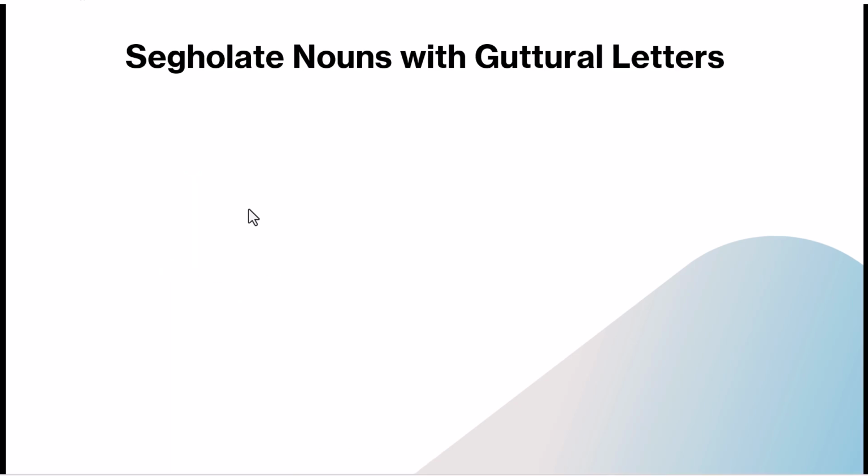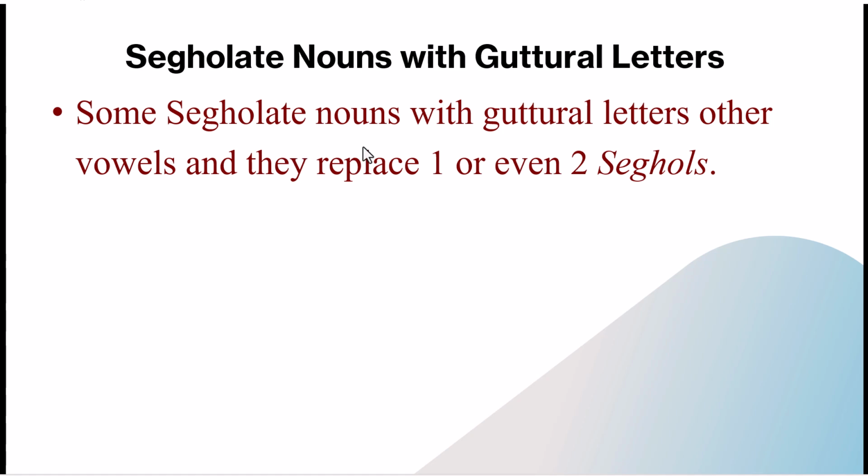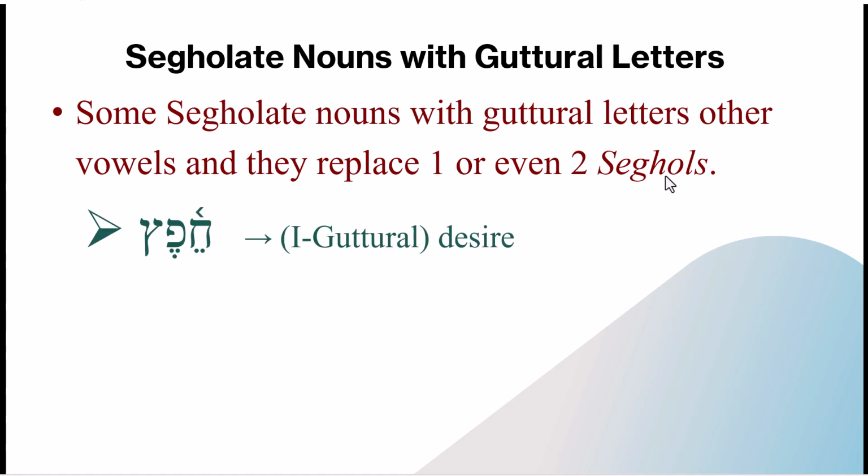Finally, there are some cases where Segholes are replaced by other vowels. One example is for Segholates with guttural letters. And so some Segholate nouns with gutturals will take other vowels and replace one or even two of the Segholes. So an example is chefetz.